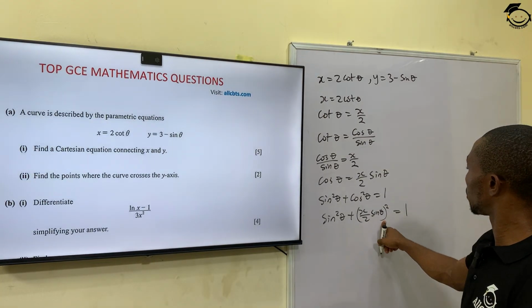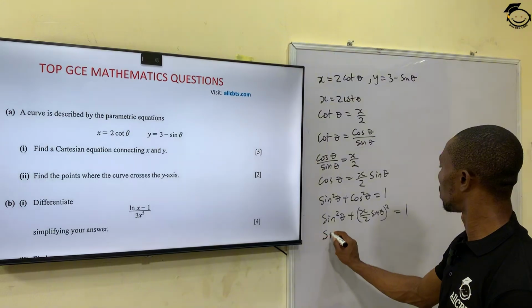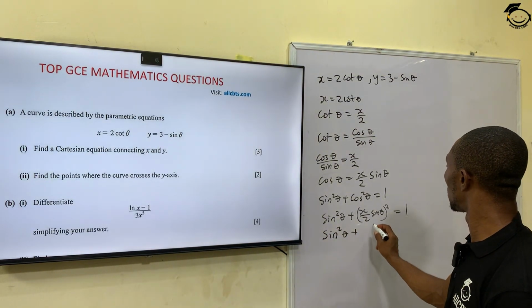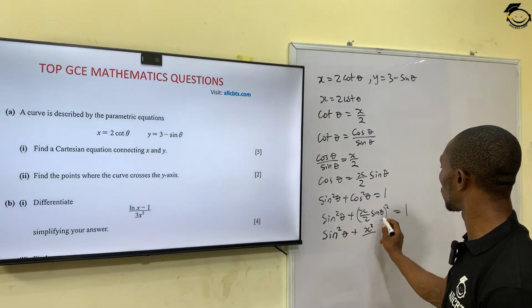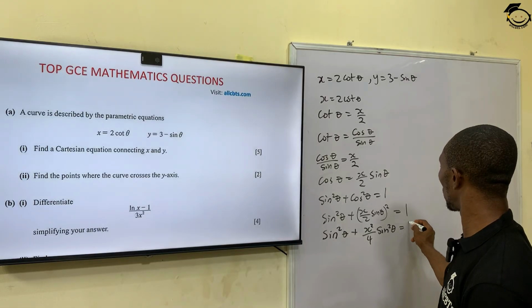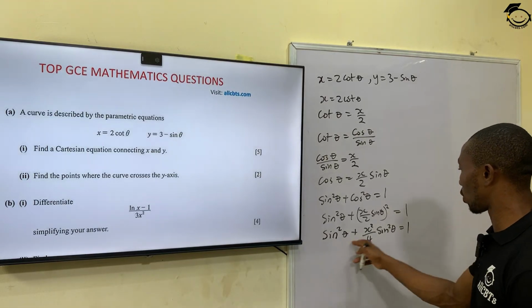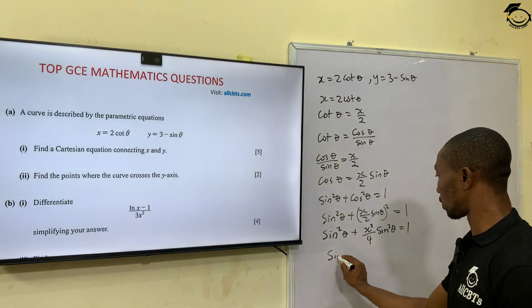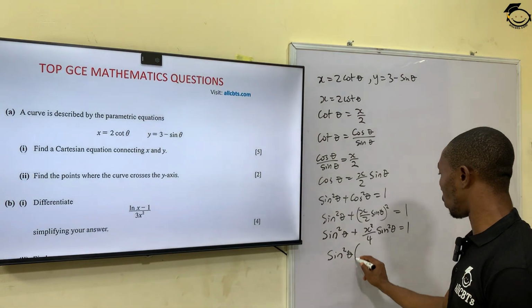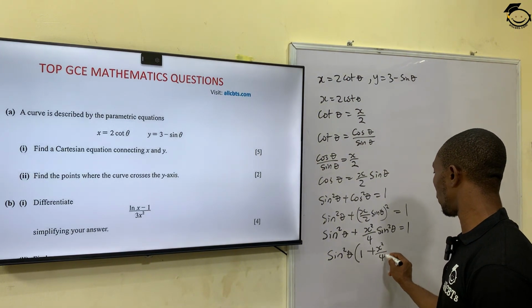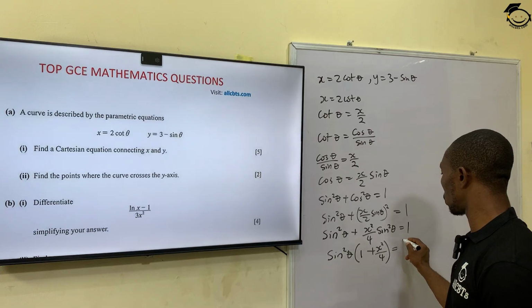Now, opening up this bracket, this will give us sine squared theta plus x squared over 2 squared will be 4 sine squared theta equals 1. Now, from here, we have common terms, which is sine squared theta. So this will become sine squared theta, bracket open, 1 plus x squared over 4, okay, equals 1.